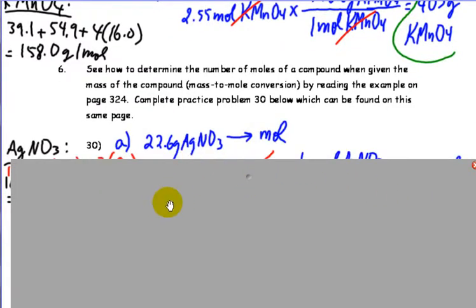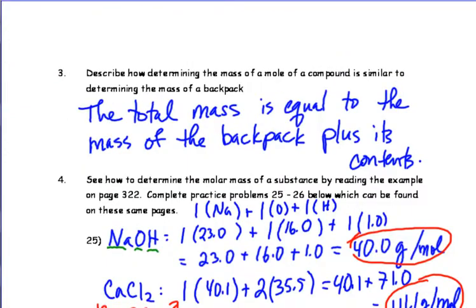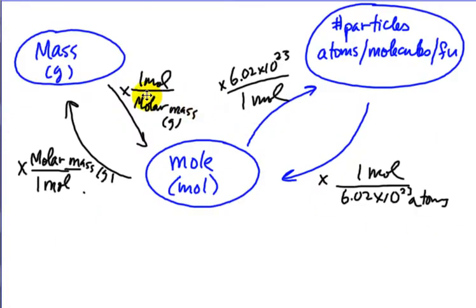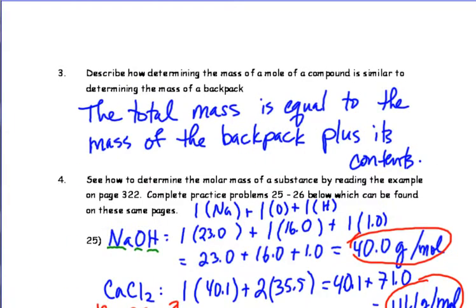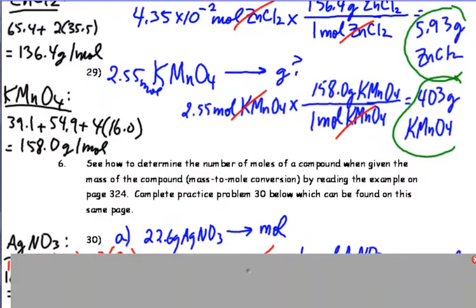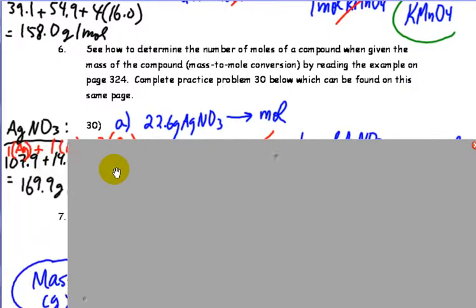So here, 22.6 grams of sodium nitrate into moles. Of course, going from grams to moles, multiplied by 1 mole over the molar mass. Since these are compounds, we have to do a side calculation here, silver nitrate.